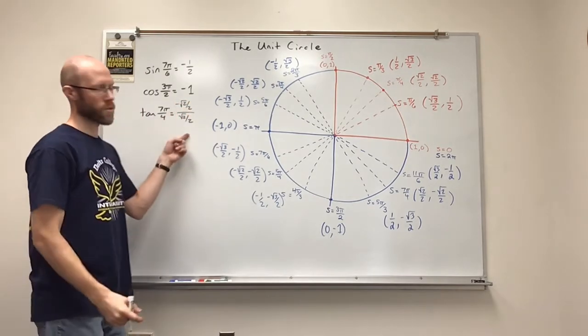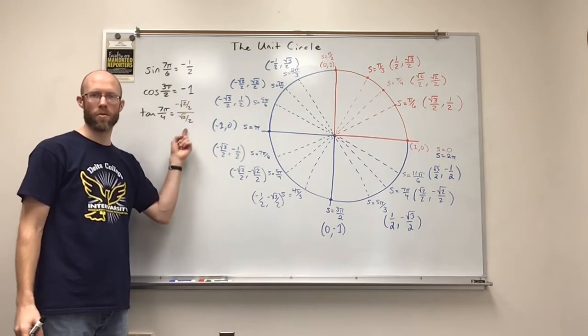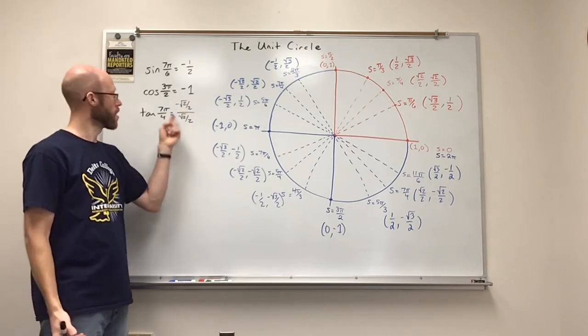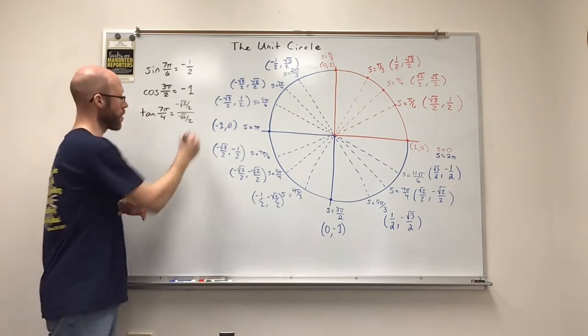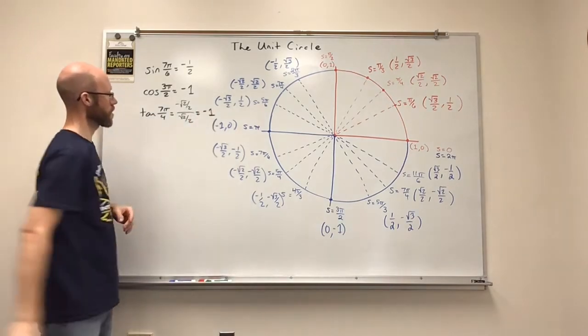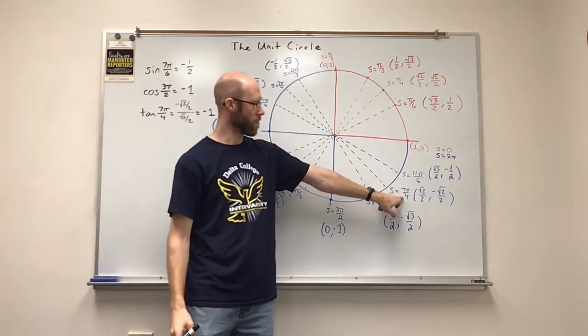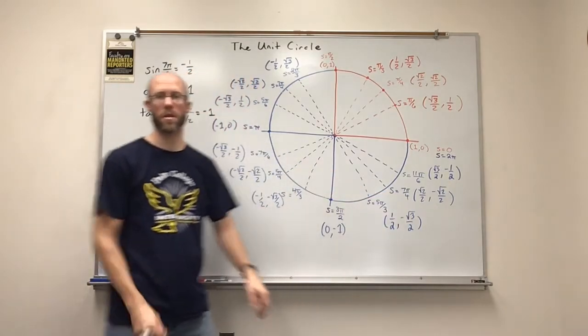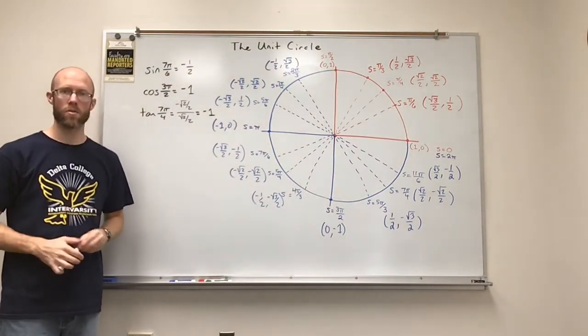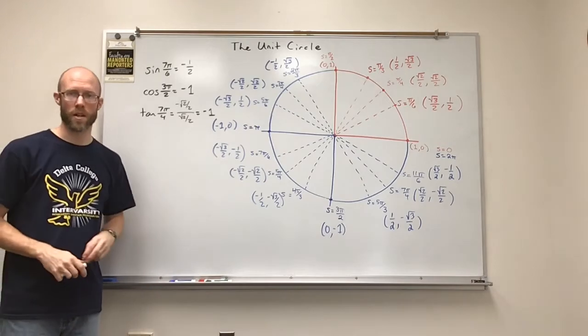If you have the same thing over itself, it's 1, and one of them has a negative, so it's just -1. So the tangent of 7 pi over 4 is just -1. We can pretty quickly find those values now.